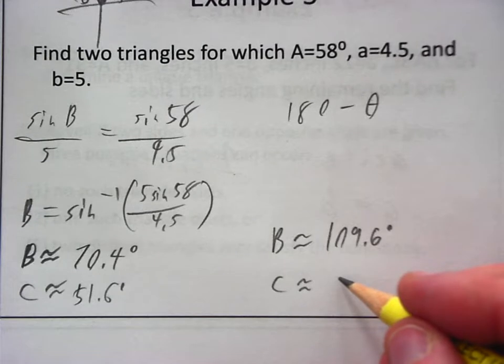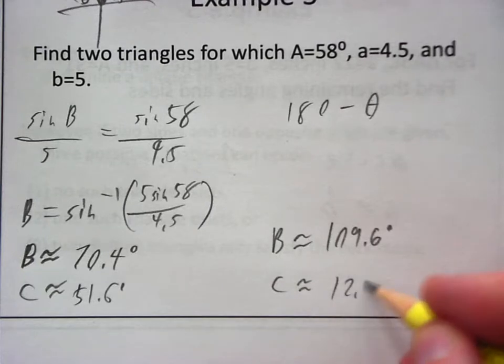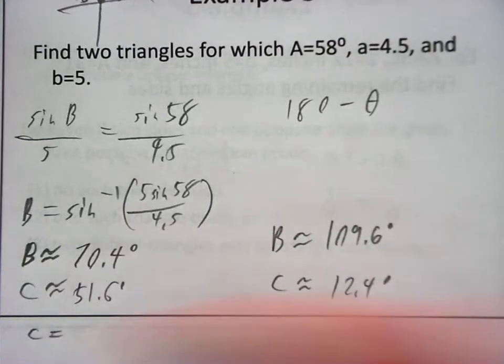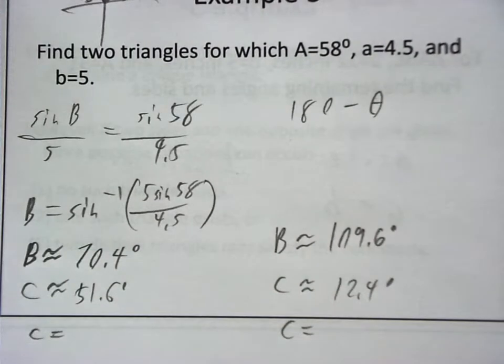And this one? 12.4 degrees. Now you'd still have to go through and find side C. So you set up your fractions and solve those out. But that's just the same old process. Questions on that one?